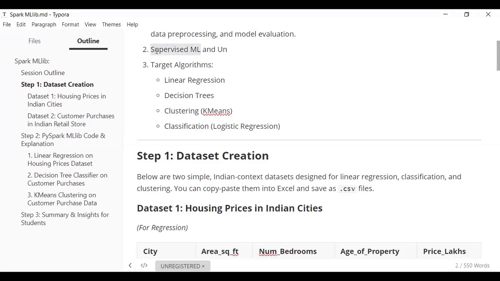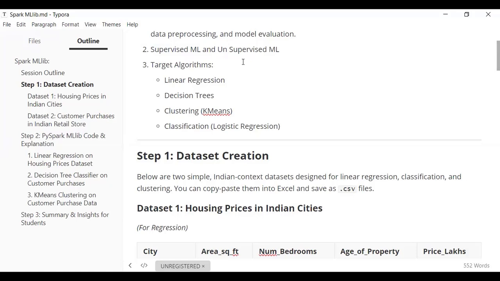Let's find out this important thing, then move forward. So what is supervised machine learning? Supervised machine learning is where we have data, and along with the data, we have both input and output.